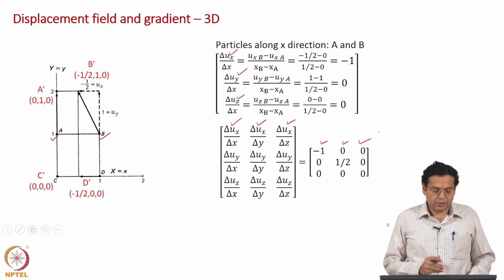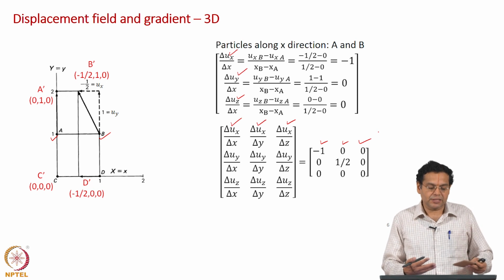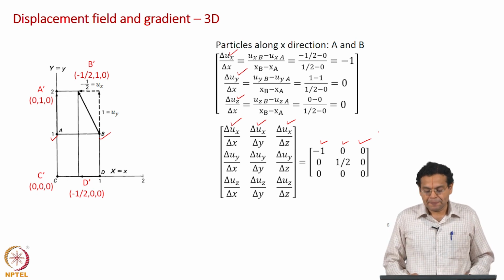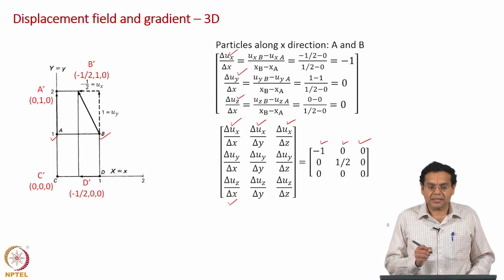Now, this particular example shows the displacement gradient tensor for a specific example. What we will do is make this more generalized. This looks as if it is for a particular example. We will make it more generalized, and also you will know why we collected all these values and arranged them as a column rather than a row.